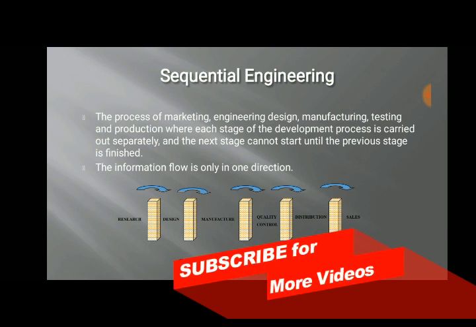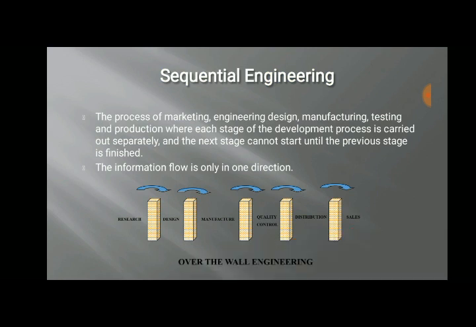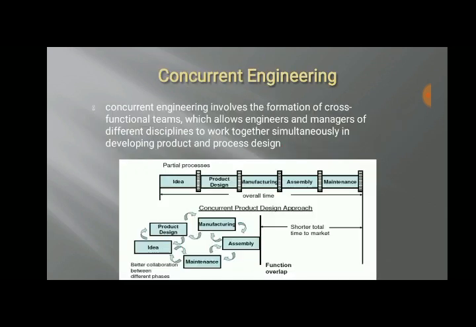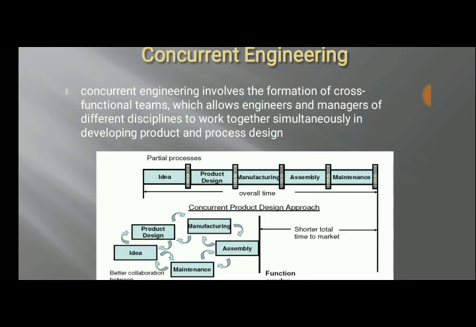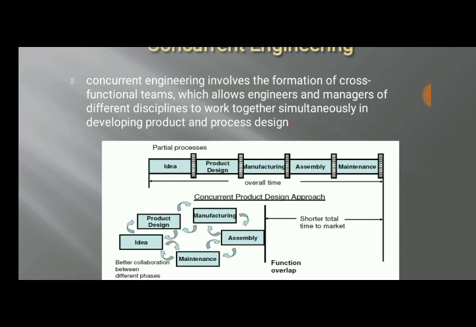Whereas in sequential engineering, the design department can communicate only to the manufacturing department and not to the research department because the information flow is in one direction. Whereas in concurrent engineering, each department can communicate with the other departments, that is the previous or the afterward department, so that the design can be optimized and time consumption for the redesign can be reduced.